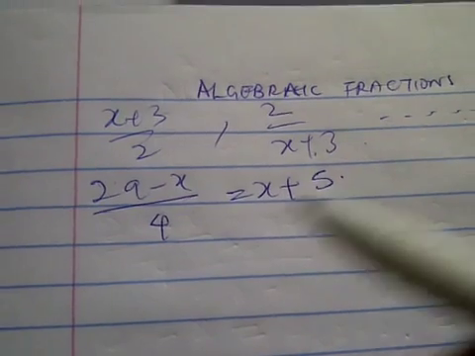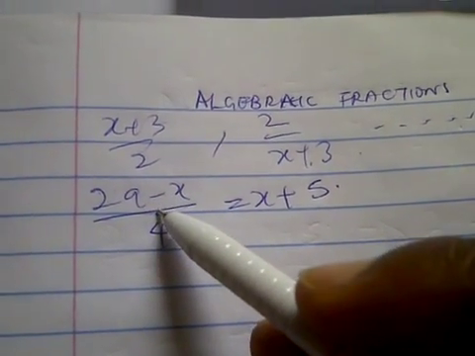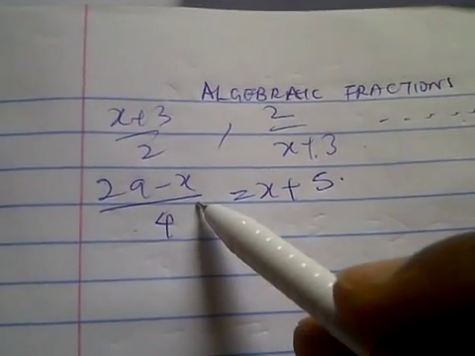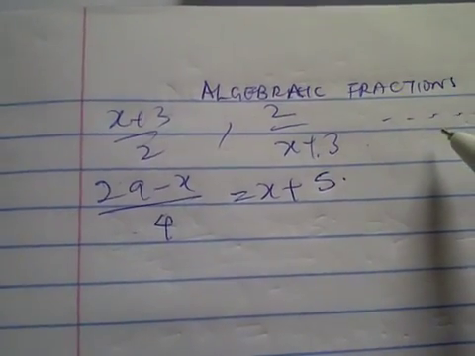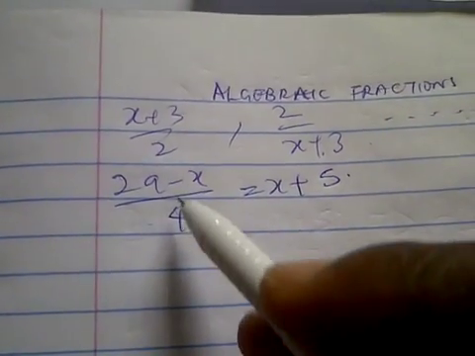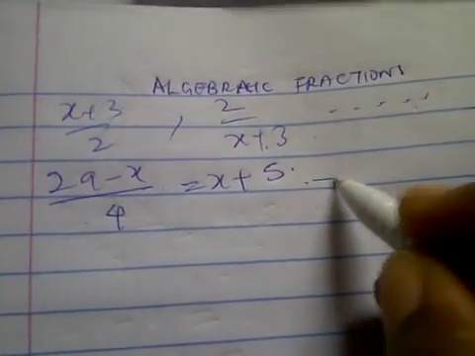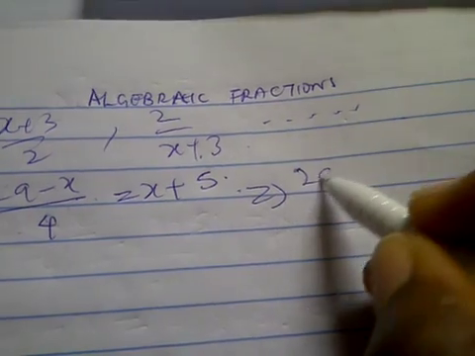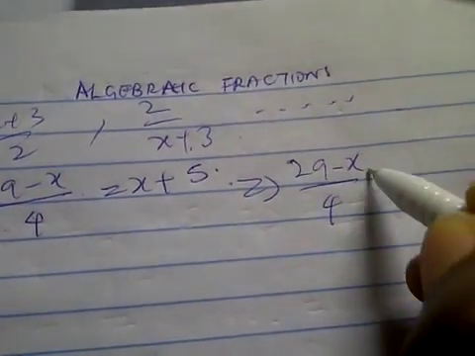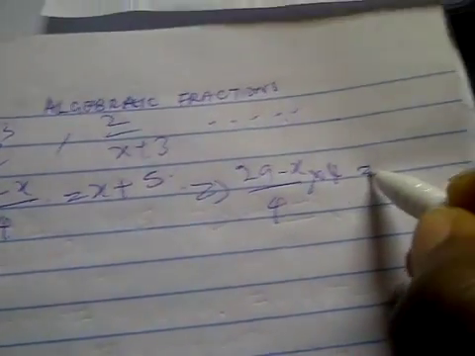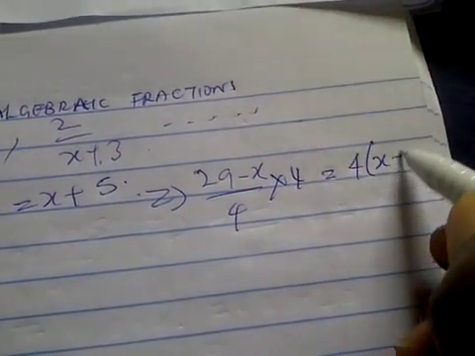This is just a straightforward one because we just have to clear the fraction and then solve the algebraic equation. Now for us to clear this fraction, we'll have to multiply both sides by 4. Now we have (29 minus x) over 4 times 4 equals 4 times (x plus 5).